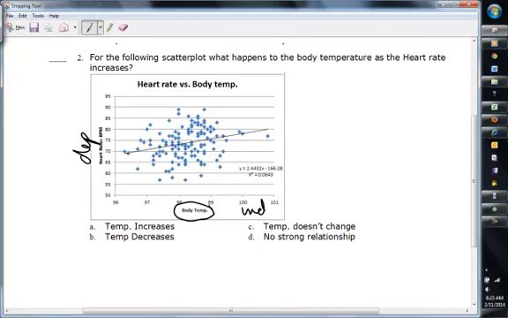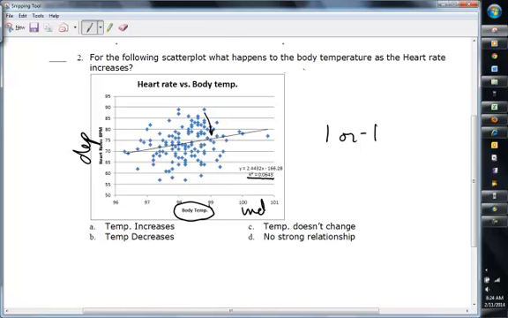heart rate is. If you notice, these dots aren't very close to the line, and that's indicated by this r squared. Remember, if r squared is close to 1 or negative 1, then we would say that those two are very closely related, but these two don't have a very close relationship.